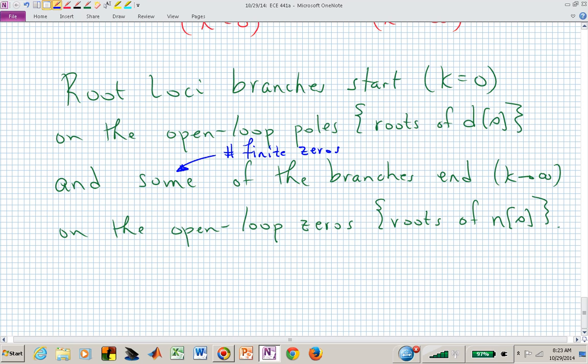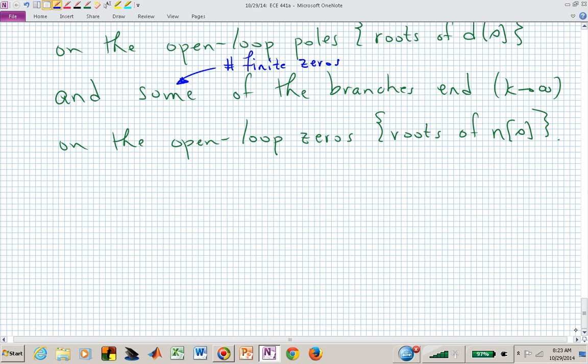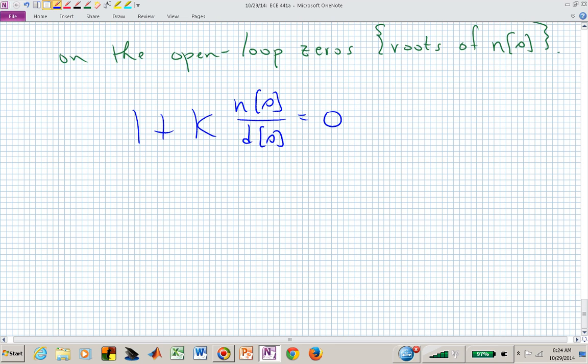Now, where does this rule come from? We have our starting characteristic equation, and we are looking for the values of s that make this true. And that's kind of messy if we keep the 1 and the n and the d as a ratio. So let's get everything over a common denominator.